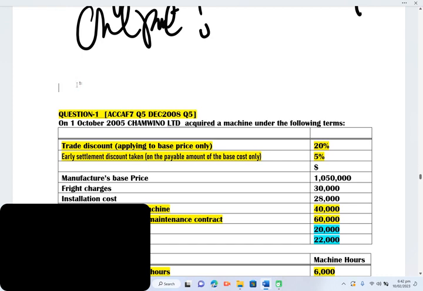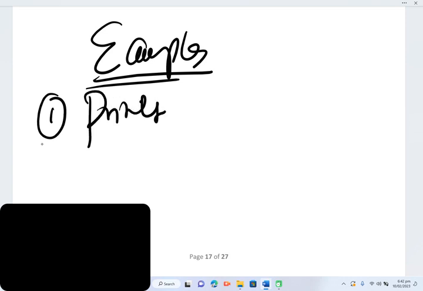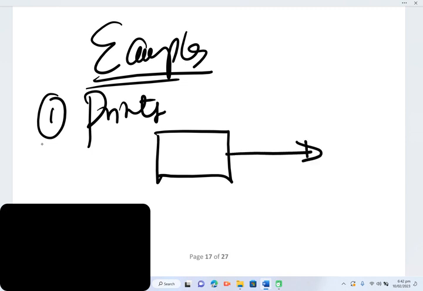Sasa unit of output inaweza kuwa ni number of pages. Kwa mfano ukiwa na printer, for example, if you own a printer. So a printer is designed to print number of what?